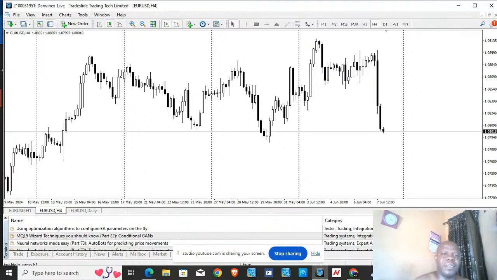So this is the MT4 Windows environment. As you can see, this is a live account, showing my account number, and that one is live, the trading side, the name of the company, the broker.